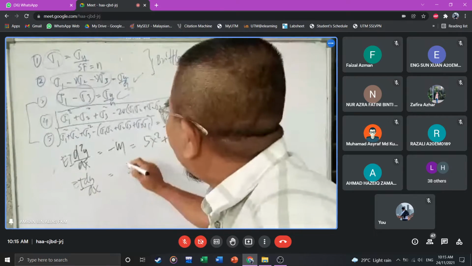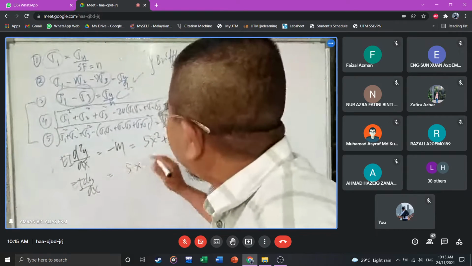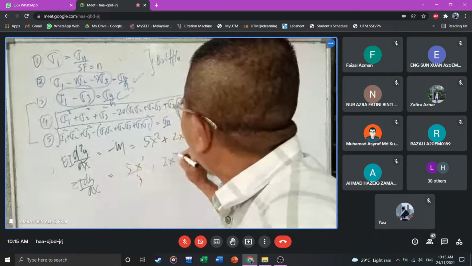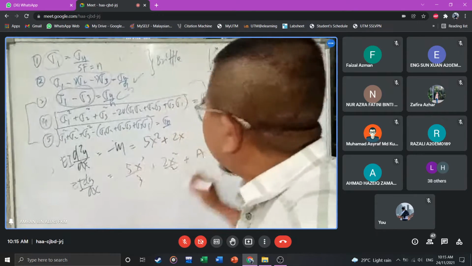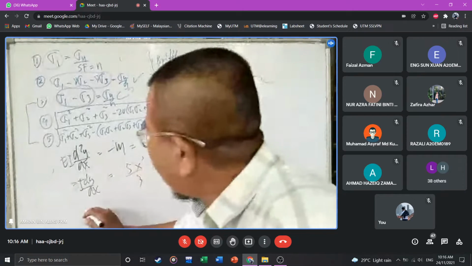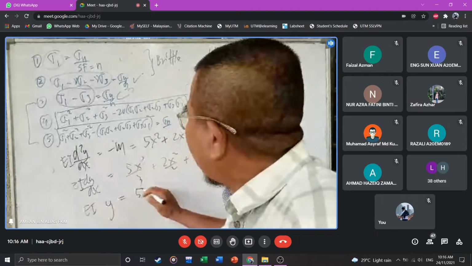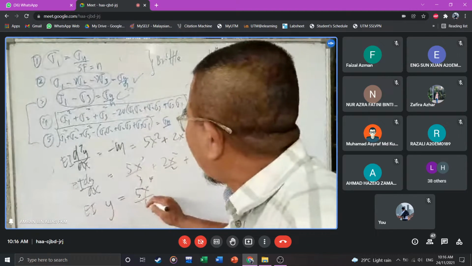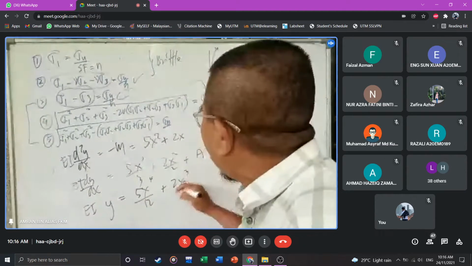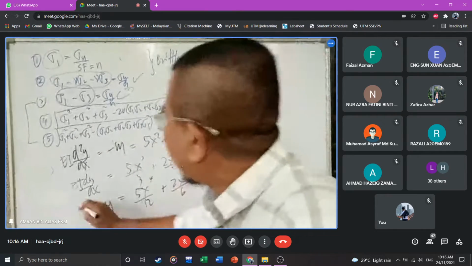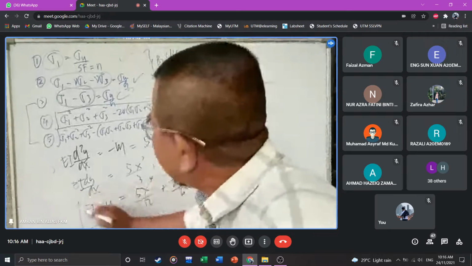You got what? 5x cubed over 3 plus 2x squared over 2 plus A. Integrate again, we get EI y equals 5x to the power of 4 over 12 plus 2x to the power of 3 over 6 plus Ax plus B. So this is the formula of deflection.